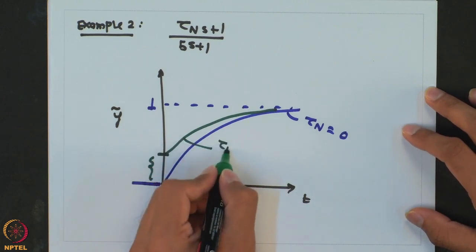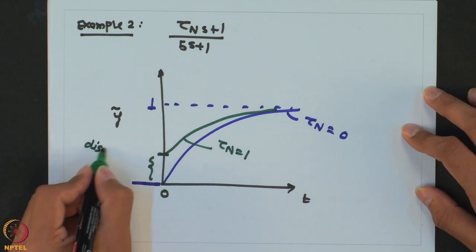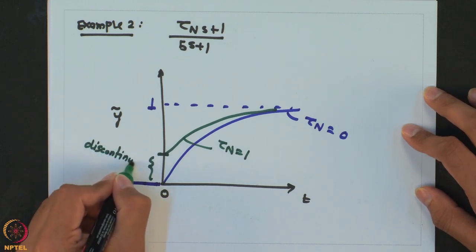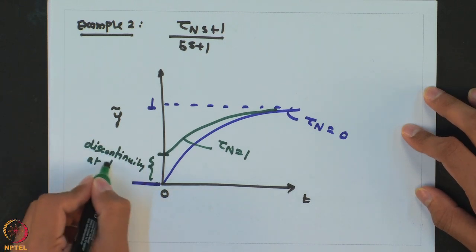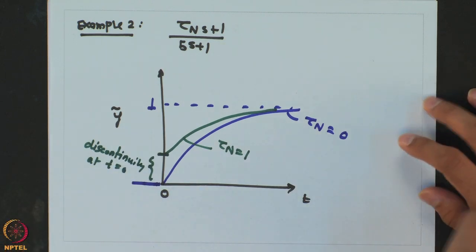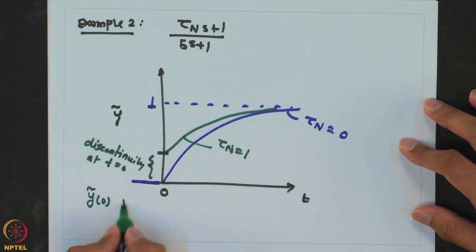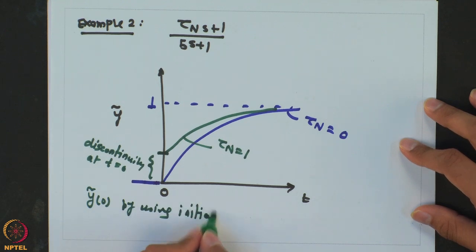So, let us say this is tau n is equal to 1. So, there is a discontinuity at t equal to 0. You can find this initial value by using the initial value theorem.